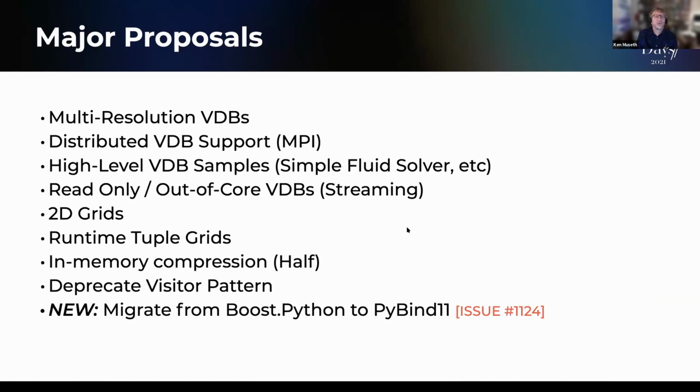Let's see. So these are a list of very high-level, potentially quite large changes that we're looking at. We are not committing to doing it in the next year, but these are things that we're exploring. And again, there are some entries that you might have seen before, especially the first one, multi-resolution grids.